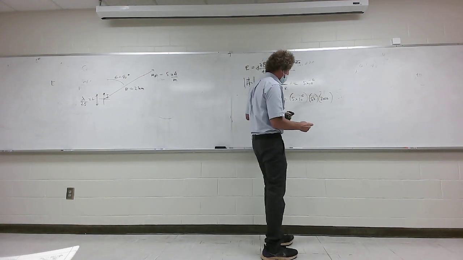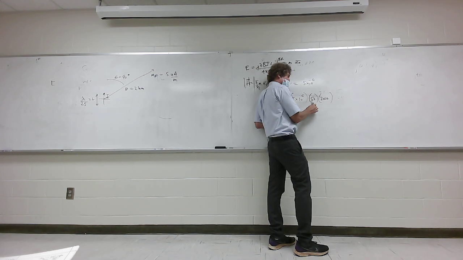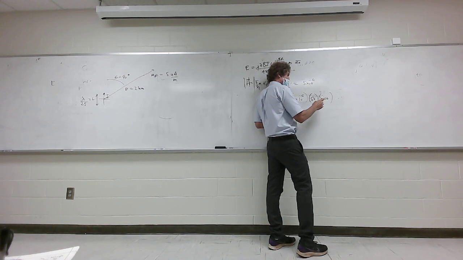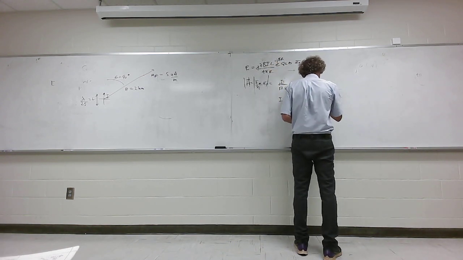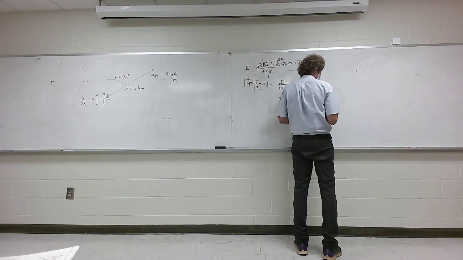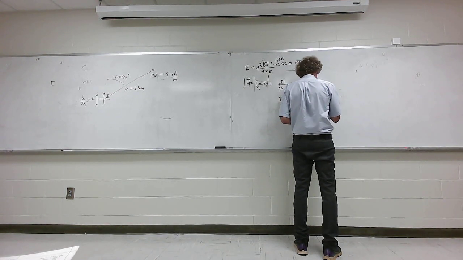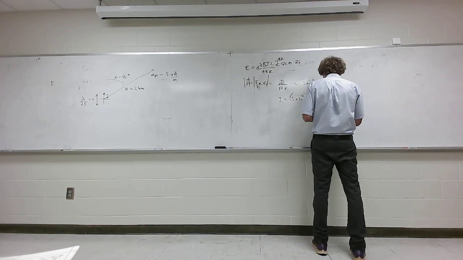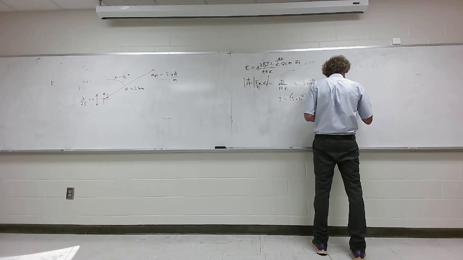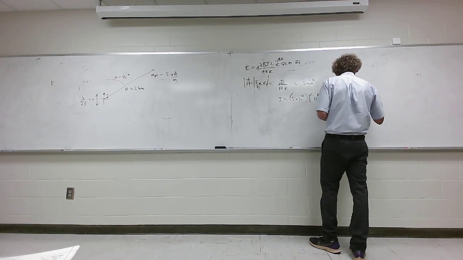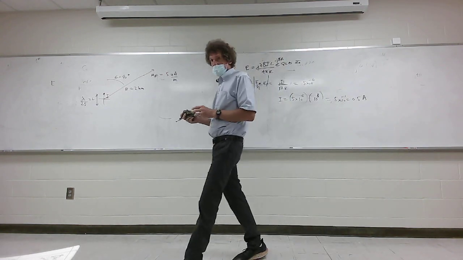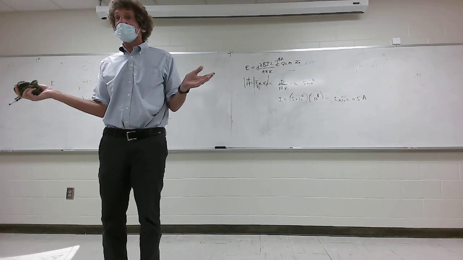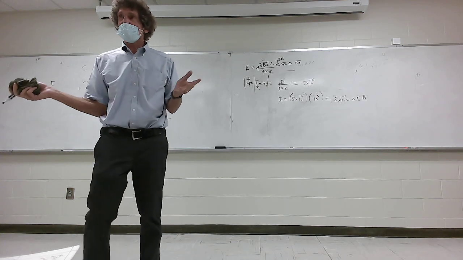That's 5 times 10, that's 2 times 1,000. 10 times 1,000 is 10,000, right? And 5 times 2 is 10, so it's going to be 10 to the 5th here, isn't it, class? Times 10 to the minus 6 is going to be 5 times 10 to the minus 1, or 0.5 amps. Do you agree with me? If I did the math right, you'll follow me? We're solving for I. It doesn't use your calculator.